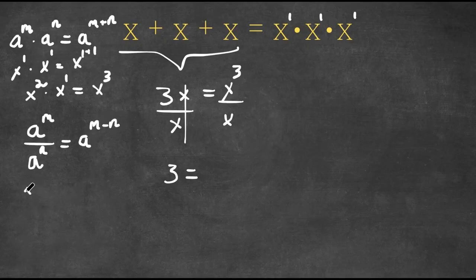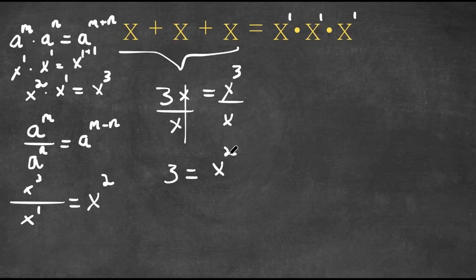So x to the power of 3 over x to the power of 1 is equal to x to the power of 3 minus 1, and 3 minus 1 is 2, so this is equal to x squared. So we have 3 is equal to x squared.